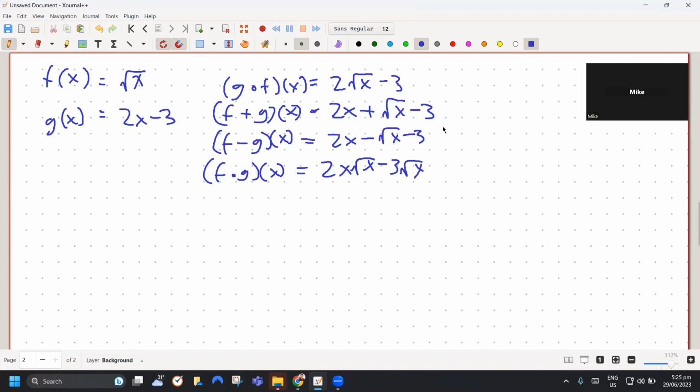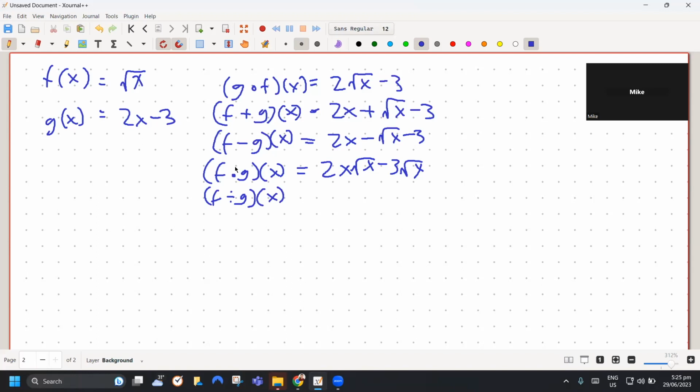And then the quotient, so f over g. Division sign mo po, yung bar na sign. Kaya ano ginagamit na symbol ni Lightwood?